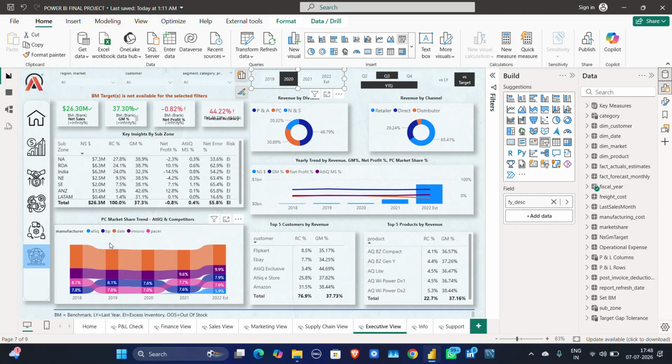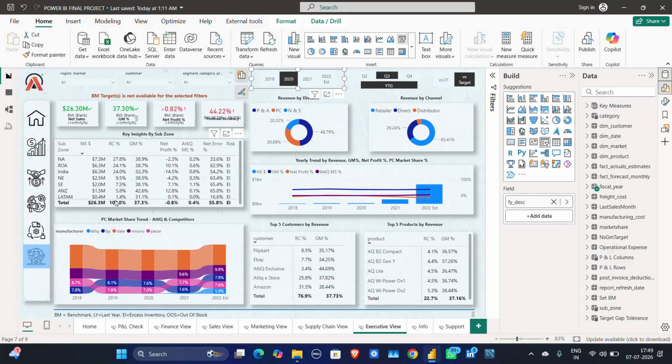So now we'll move on to the PC market share trend analysis. This ribbon chart compares the company's market share against its major competitors over multiple years.